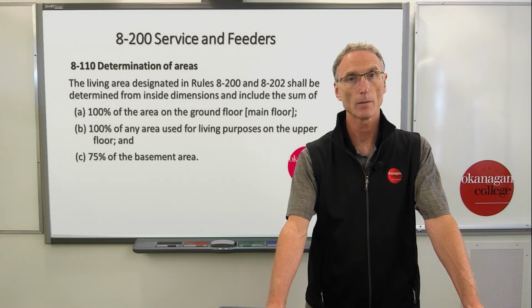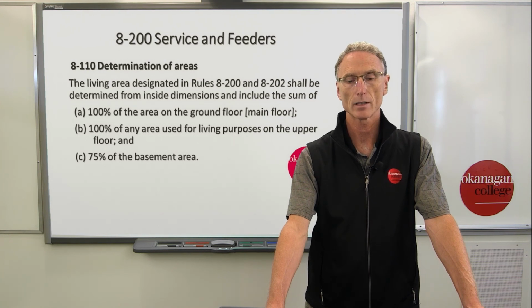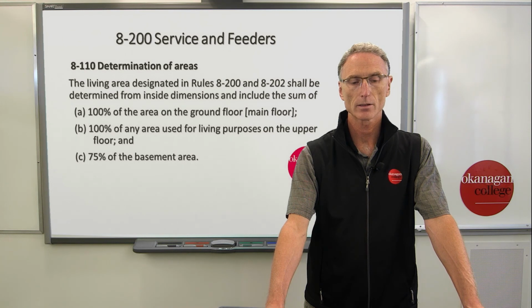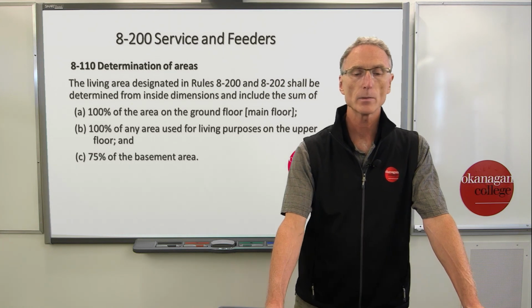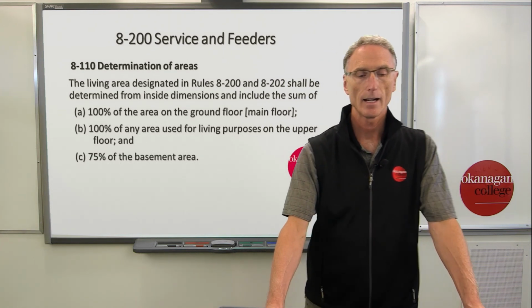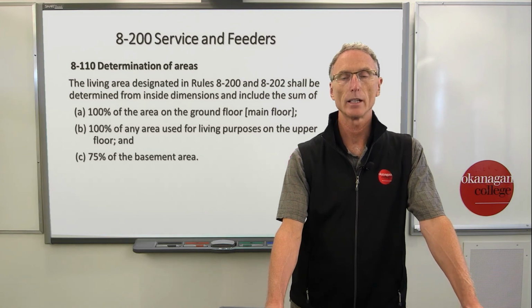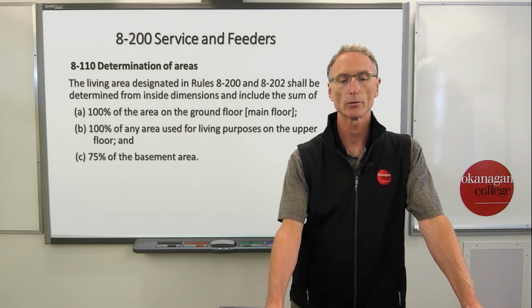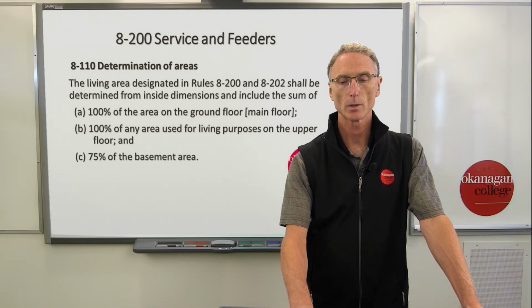So if you had 2 upper floors, 3 upper floors, you would be taking 100% of each of those upper floors. And we drop down to subrule C, and it tells us that 75% of the basement area. So the basement area is a little bit less. The idea being you live primarily on the ground floor and the upper floors. And so they give you a little bit of break on the basement area.